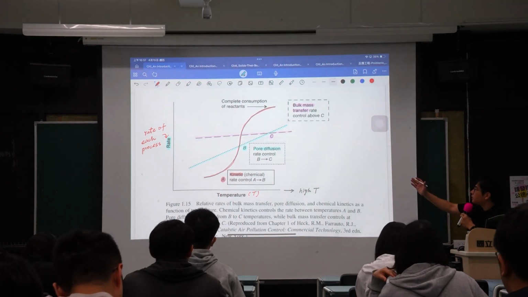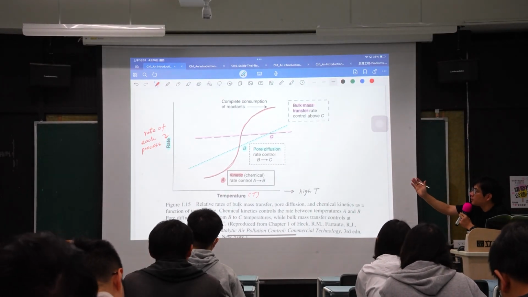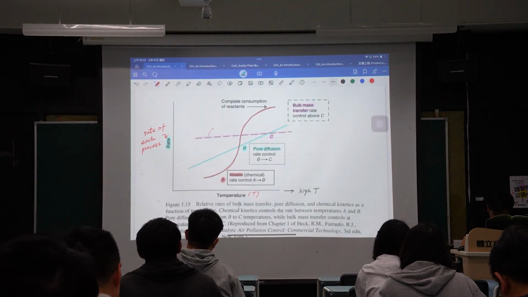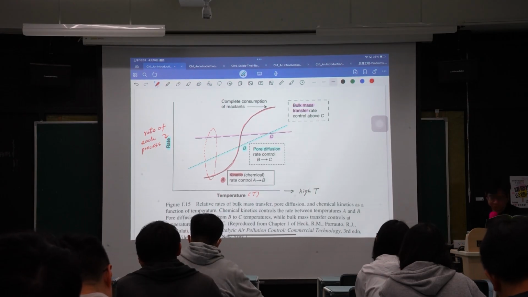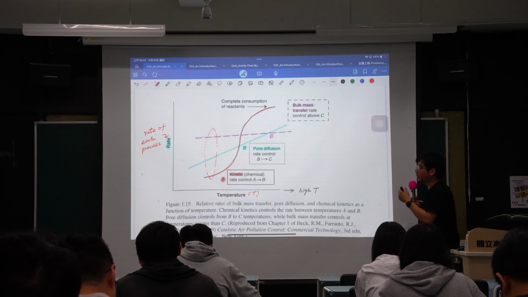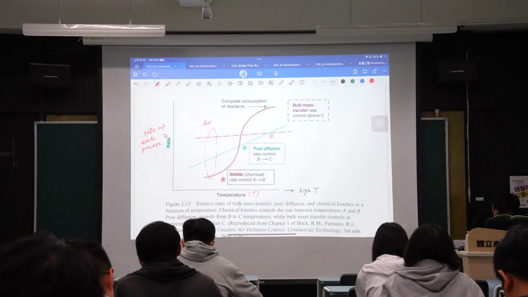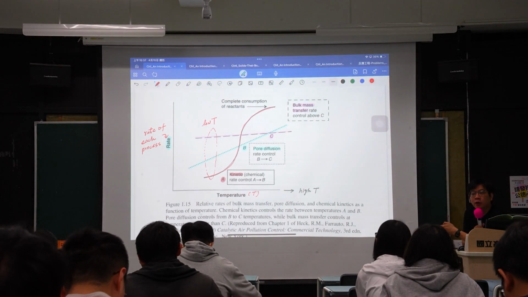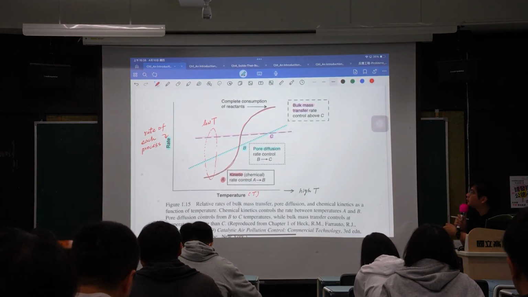Okay, so let's take a look at three regions. The first region is low T. In the low T region, which one has the lowest rate? Mass transfer?